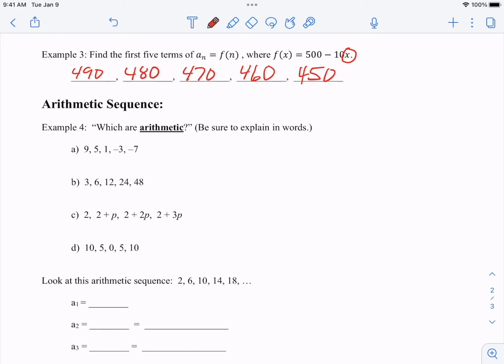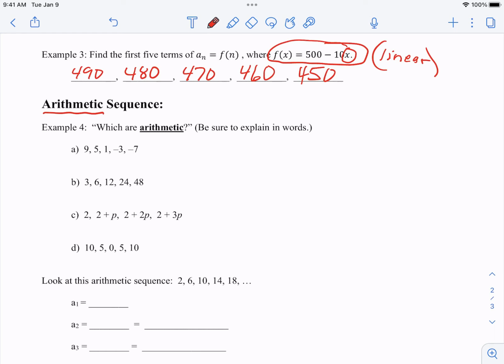In fact, you might notice that this particular sequence has a linear pattern to it. This is a sequence called arithmetic. Notice it's spelled like arithmetic, but you pronounce it differently.